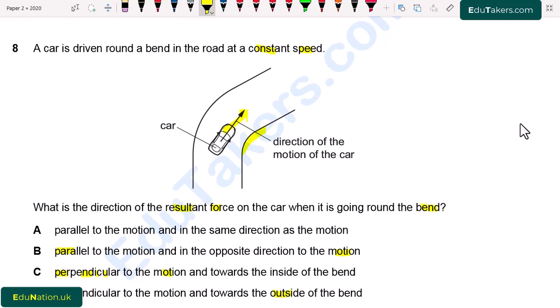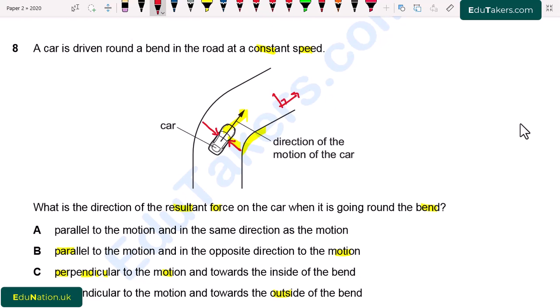So this force is basically the centripetal force, which is acting towards the center. In this case, this force is acting towards the inside of this bend. It will be in this direction. And this direction is perpendicular to the direction of the motion of the car, because we can see that the direction of motion of the car is this and the force is this.